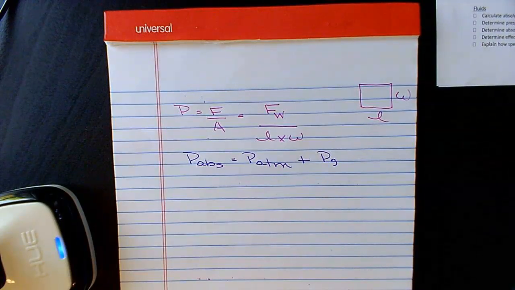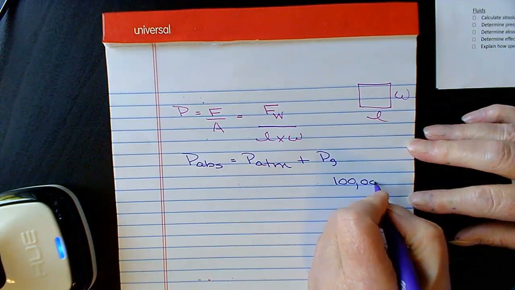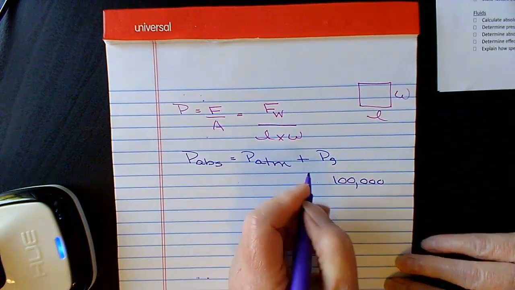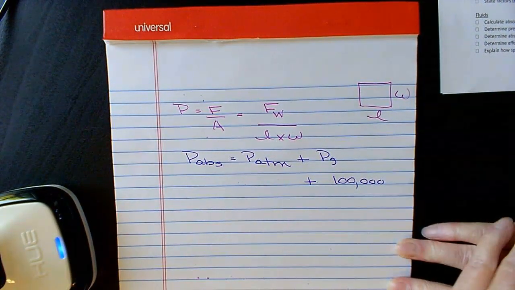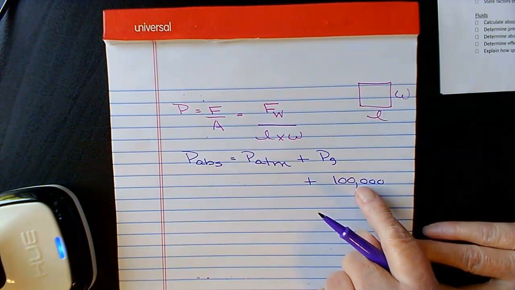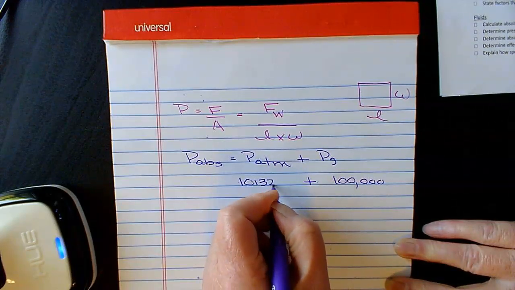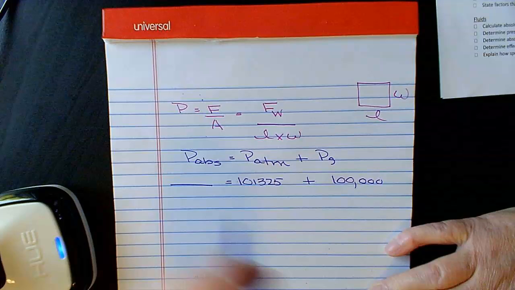So if someone tells you that they puffed into a balloon with 100,000 pascals, and then we want to know what the absolute pressure in the balloon is, it's not just what we puffed into it. We would also have to add on the 101,325 so that we know the absolute pressure.